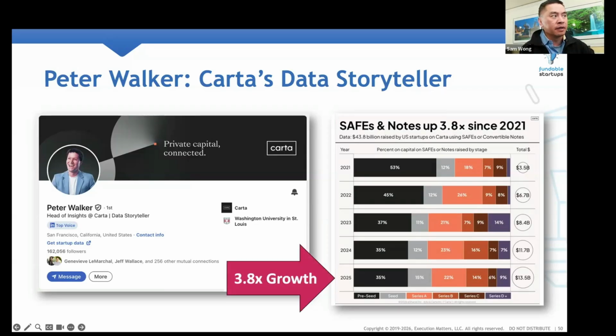In this specific post, he cites how SAFE and convertible note usage has gone up 3.8x in about 4 years' time. Okay, so it is very much where most startup fundraising, especially smaller deals, smaller raise amounts, is trending towards: SAFEs and convertible notes.